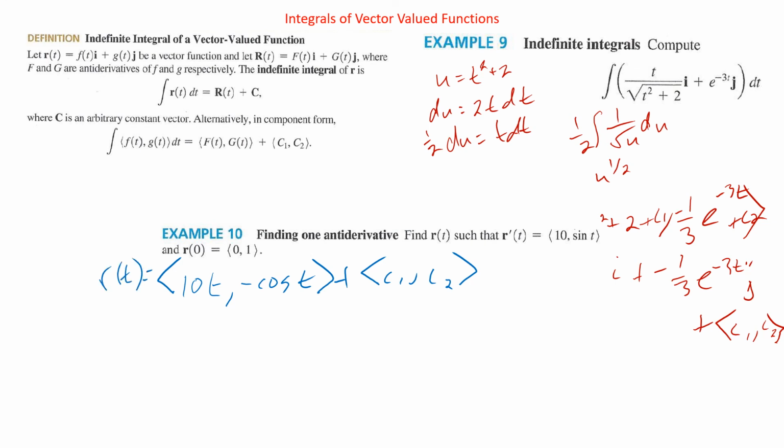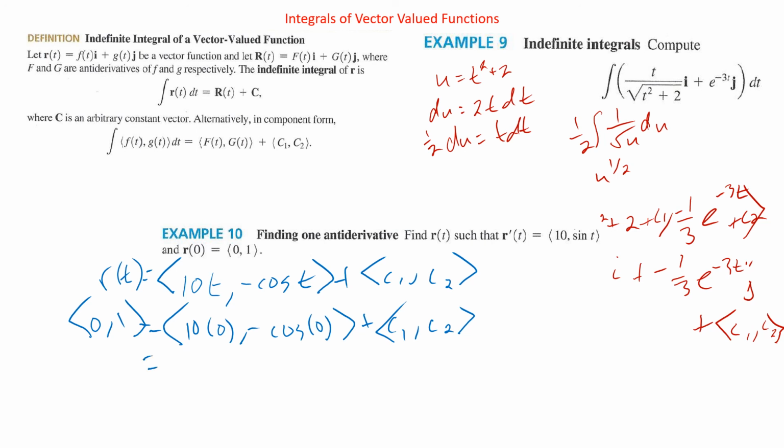Then it tells us r of 0 equals 0, comma, 1, which means if we plug in 0, we need to get 0, comma, 1. So that'll be 10 times 0, comma, negative cosine of 0, plus C1, comma, C2, equals 0, 1.